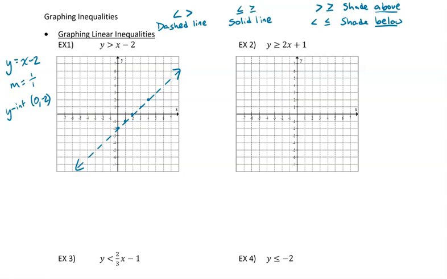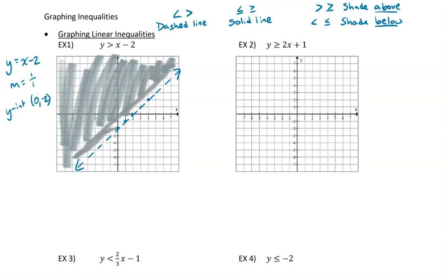So in this case, since we have greater than, that means shade above the line. Just pick any point on the line, go straight up from it, and that's going to tell you where you want to shade. So we shade this whole region, and that is our answer for number 1.